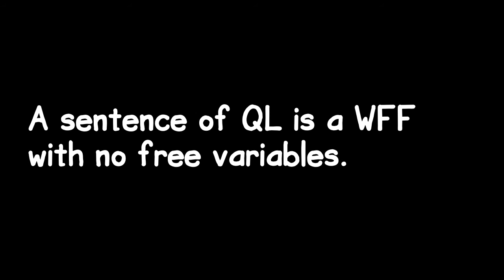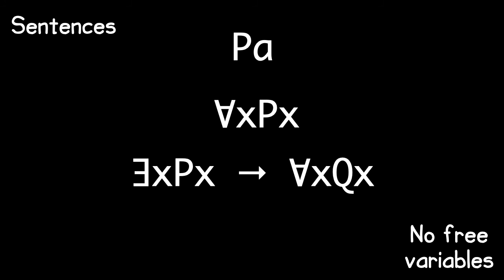So a sentence of QL is a well-formed formula with no free variables. Maybe it has no variables at all. Maybe the variables are all bound. But to repeat, a sentence of QL is a well-formed formula with no free variables. Here are some examples. Pa is a sentence because it just doesn't have any variables at all, nonetheless any free ones.